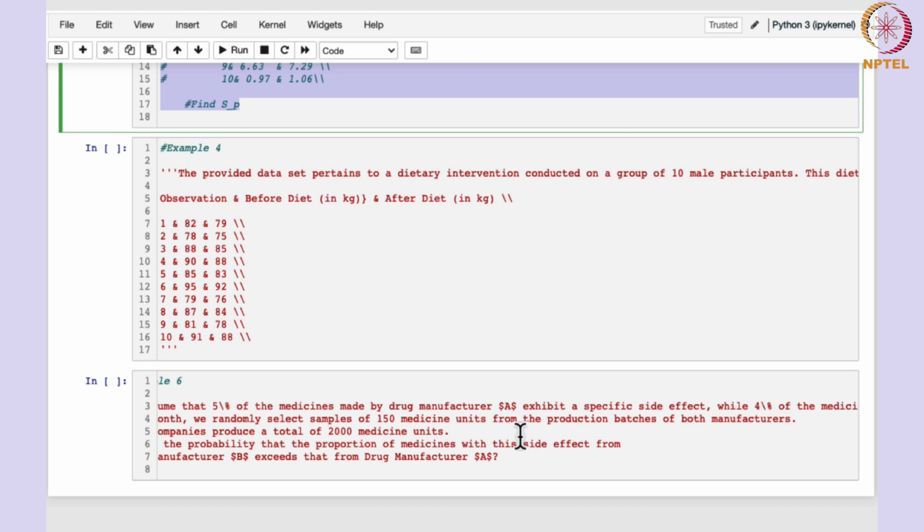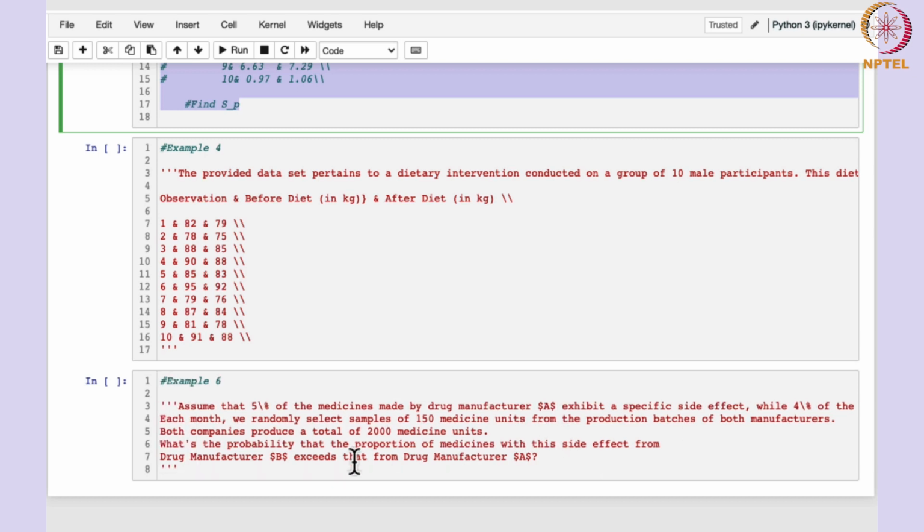You can then calculate the z-score, because the question asks for the probability that the proportion of medicine with this side effect from drug manufacturer B exceeds that from drug manufacturer A. So you need to calculate the z-score: 0 minus the difference of the two proportions, divided by the corresponding standard error.